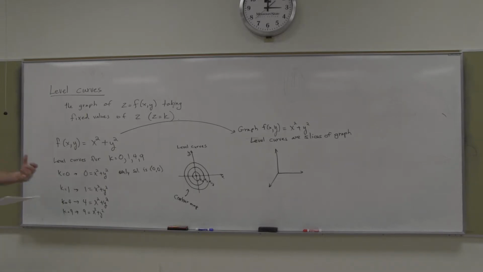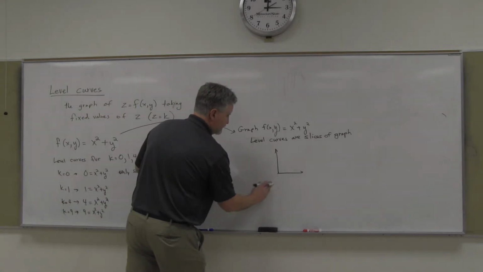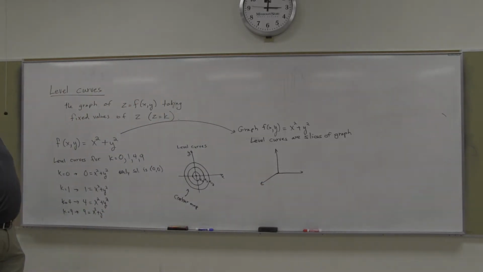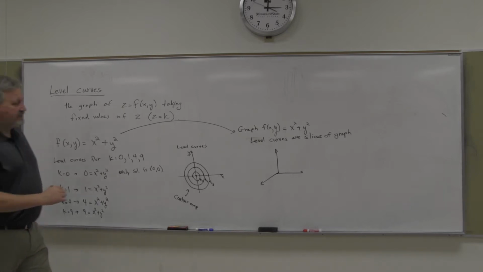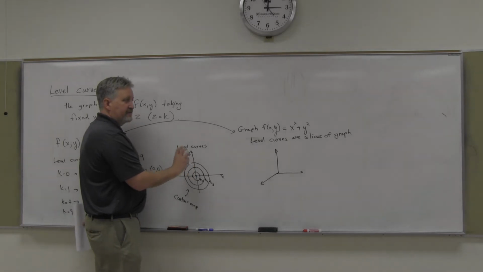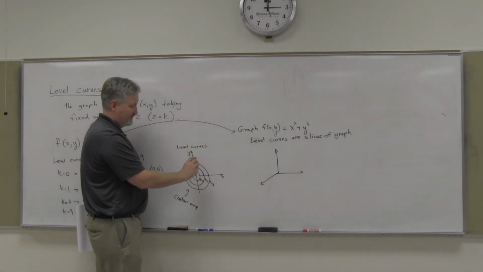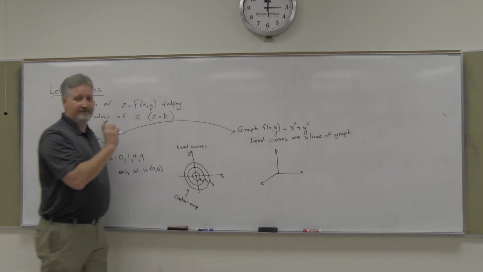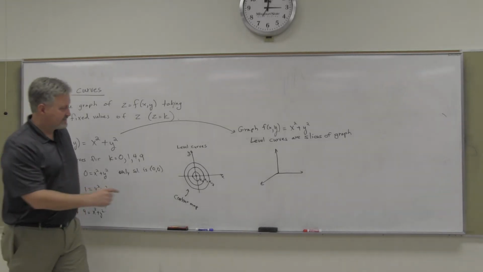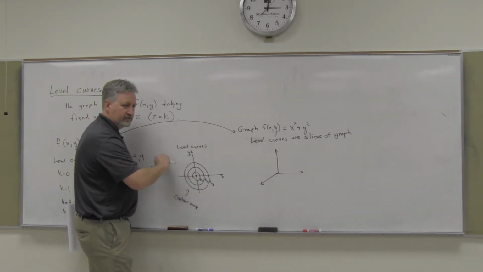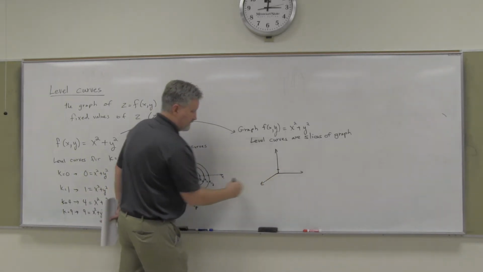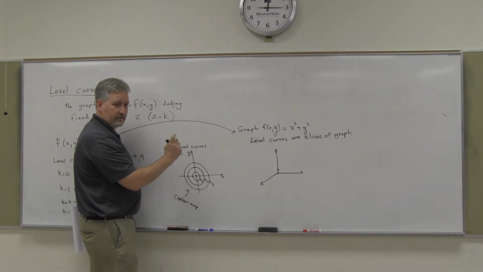Let's put them on here. Each one of these gives me a slice. The k equals 1 slice, for example, gives me the slice for z equals 1. So this is what it would look like at z equals 1. If I slice this graph at z equals 1, then I'm looking at a circle, radius 1.